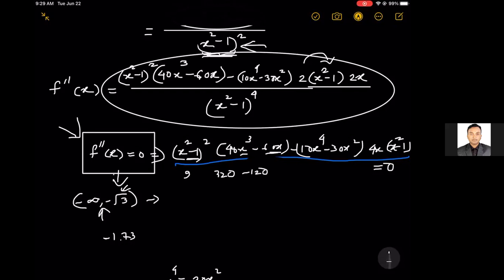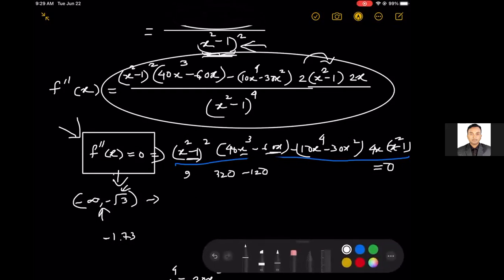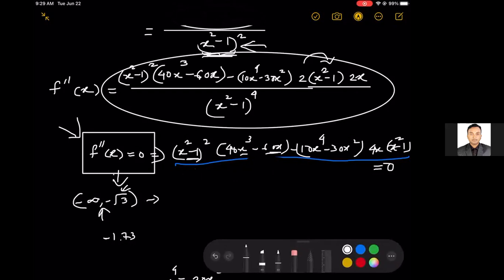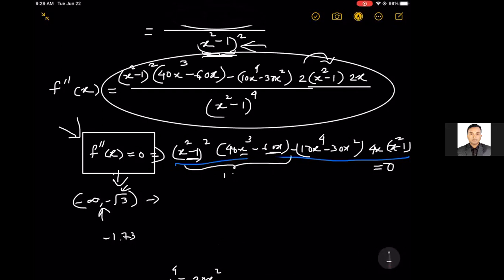So it's actually 200. 9 times 200 is 1800. So for this part, we have 1800. Does it make sense? Am I doing it really fast? I'm just doing the calculation. You can use the calculator. I don't have mine with me, that's why I'm doing the hand calculation. If you have the calculator, just use it and find the value, okay?